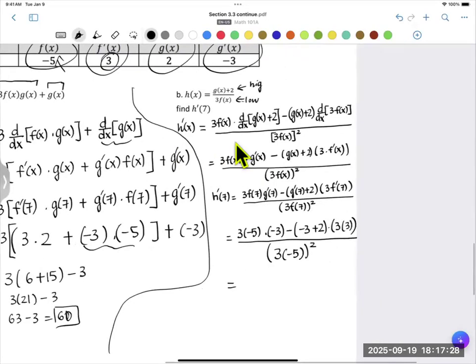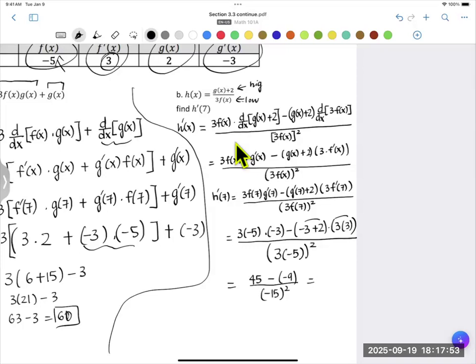So that gives us 15 times 3, 45, minus -1 times 9, which is -9, all over -15 squared.